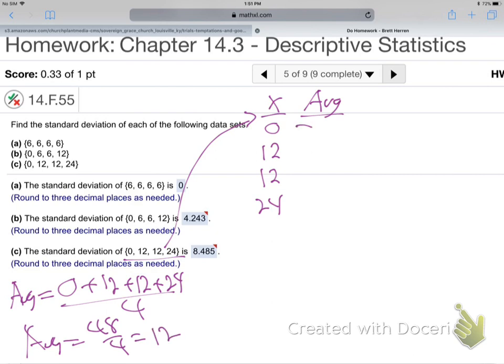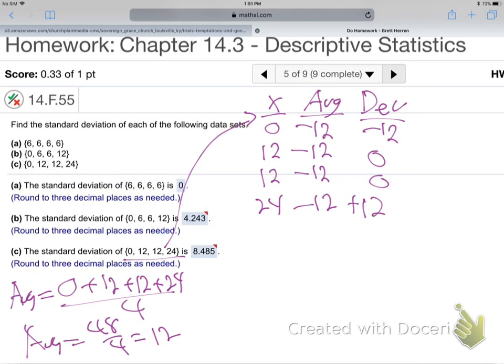It's average 12. So subtract 12, and you get what's called the deviation. It's a lot like the last one, just double everything, huh? Getting that okay?